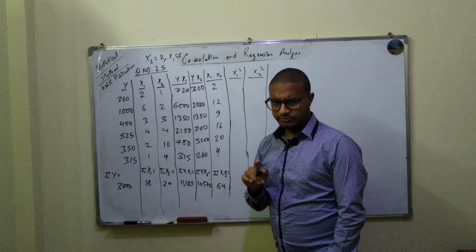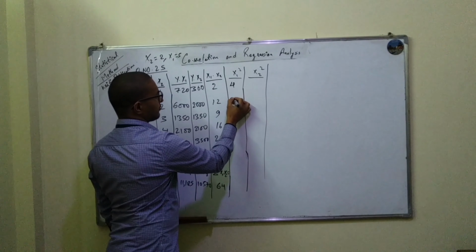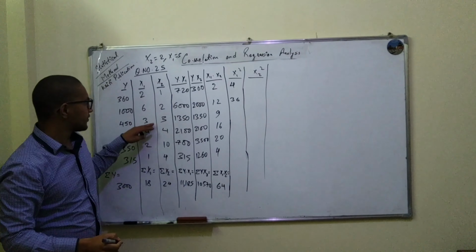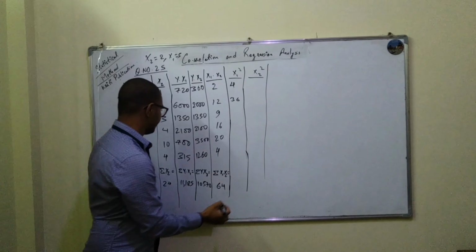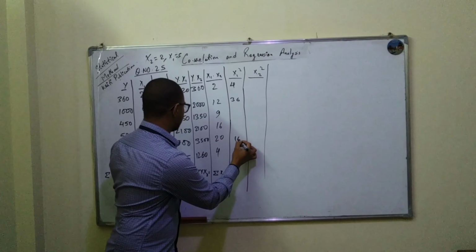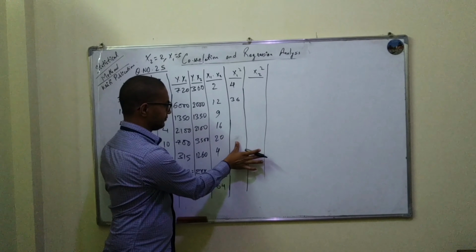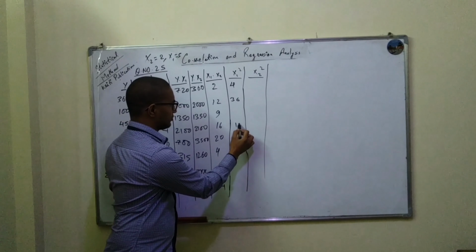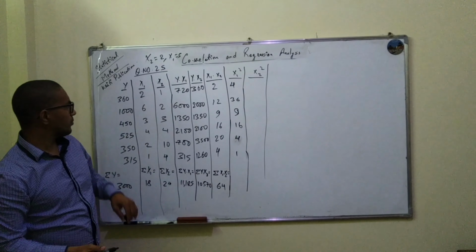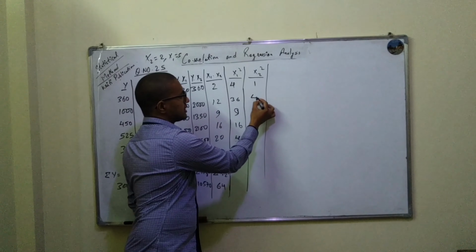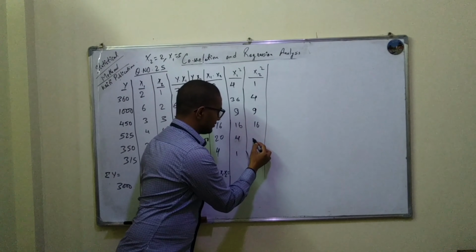What's our x1? 2, so 2 square is 4. Then 36, 3 square is 9, 4 is 16, 2 is 4, 1 is 1, right? So 16, 4 and then 16, then 4, 16 and then 9. What about x2 again? 1, 4, 9, 16, 100, 16.